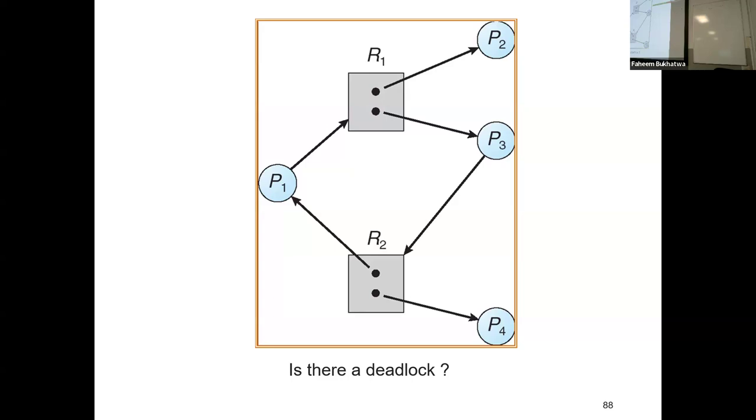See, that resource 1 has 2 items. Process 2 already has 1. The 2 resources are already allocated.